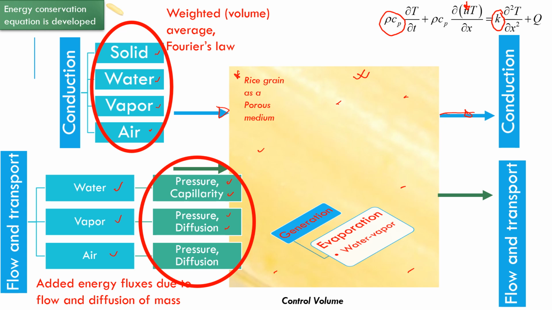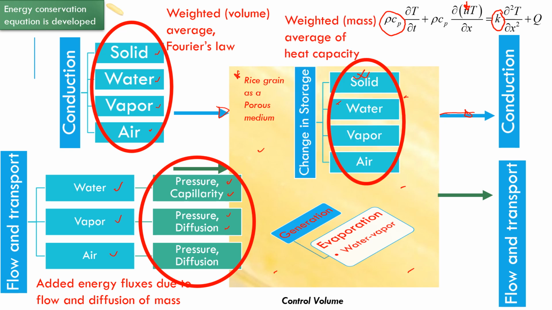By doing this, we are able to include all of the complexities of the different phases and the different transport mechanisms in a very mechanistic way, in trying to calculate how the temperature changes. So the physics includes all of these detailed mechanisms.